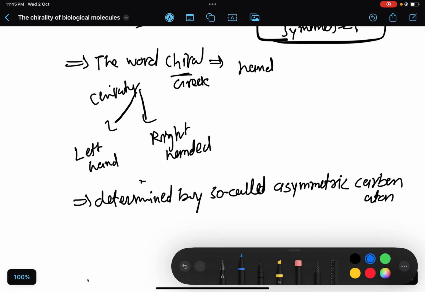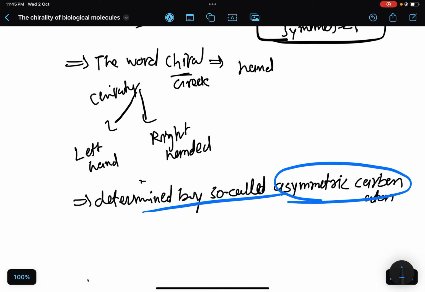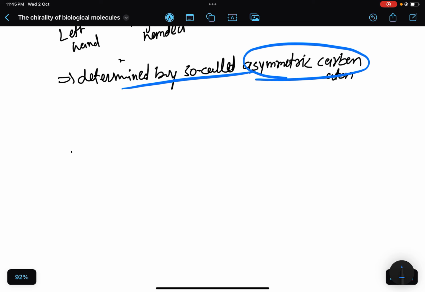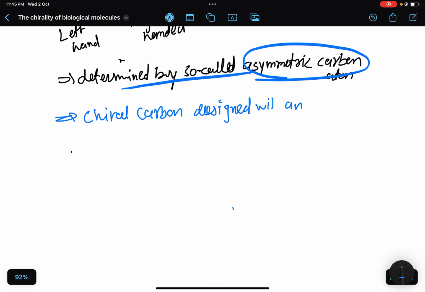Chiral carbons are designated with an asterisk.